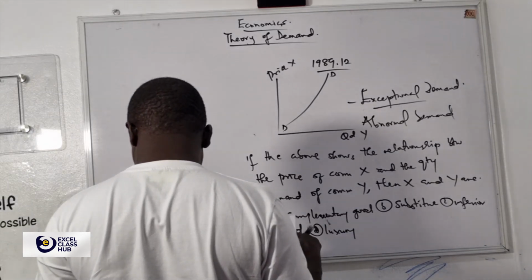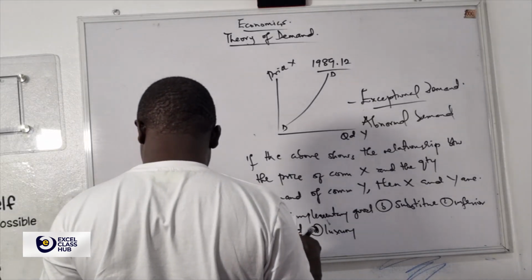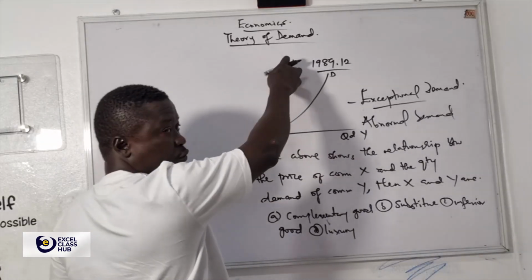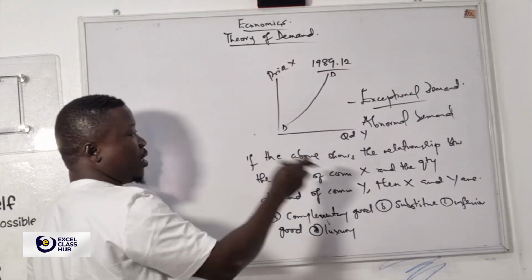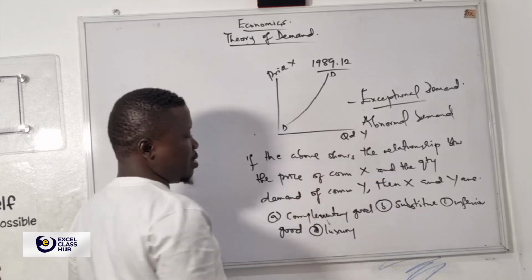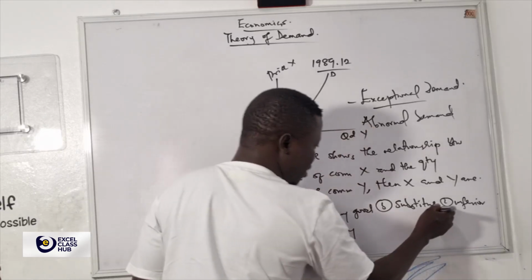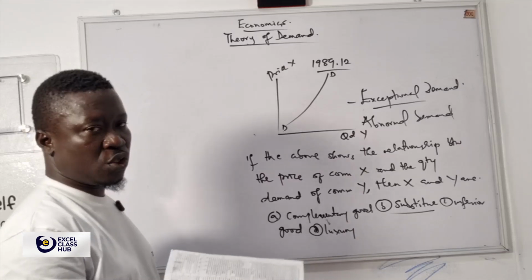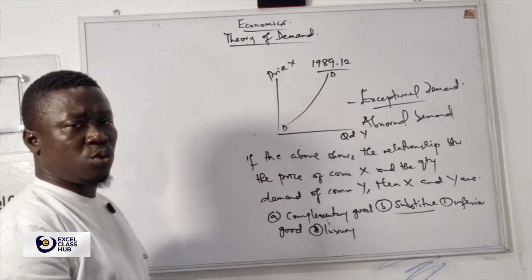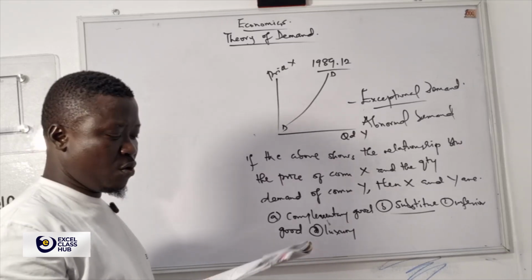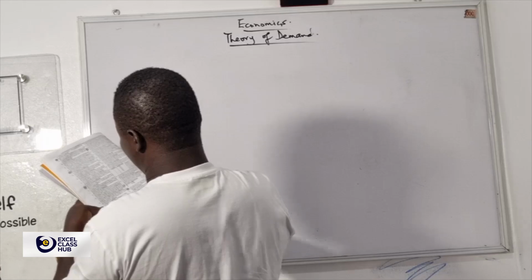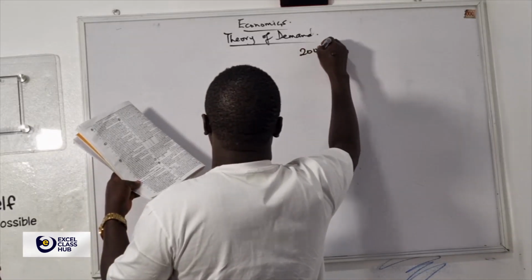That's the question. Automatically, for the price of X to determine the quantity demanded of Y, definitely the goods are substitute goods. Now let me give out two more examples from demand before we go to another topic. Derived demand, that was 2006, question 45.